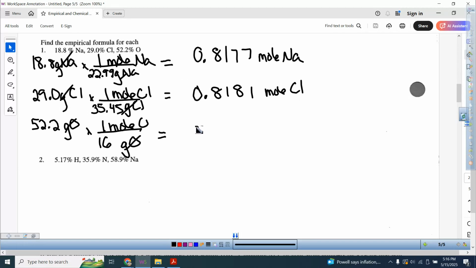And for the oxygen, it gave me 3.2625. Okay, the last step that everyone forgets is to pick the one that's the smallest. And in this case, that's the sodium. And divide them all by that number.